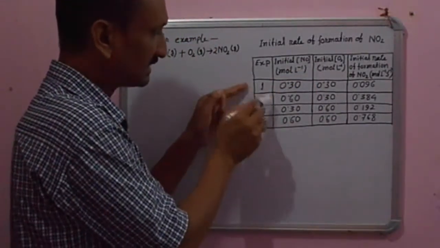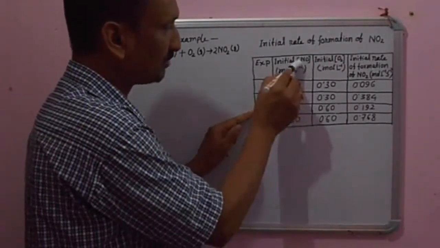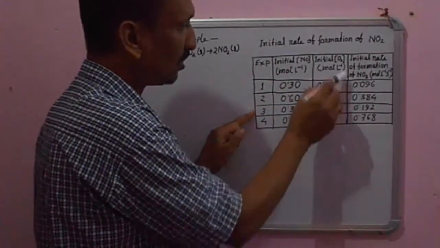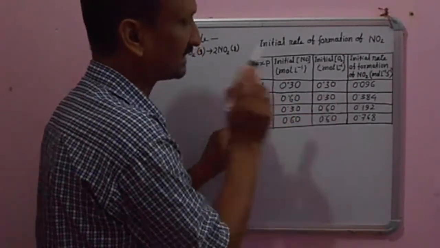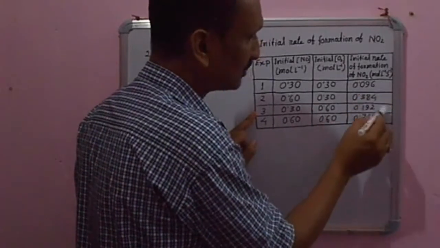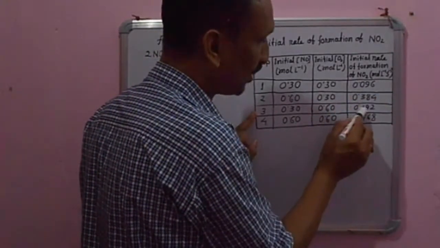Similarly, if you analyze experiments 1 and 3, here you see the concentration of nitric oxide is kept constant, while the concentration of oxygen increases 2 times, from 0.3 to 0.6, and in that case the rate increases 2 times. If you multiply 0.096 by 2, then it becomes 0.192.